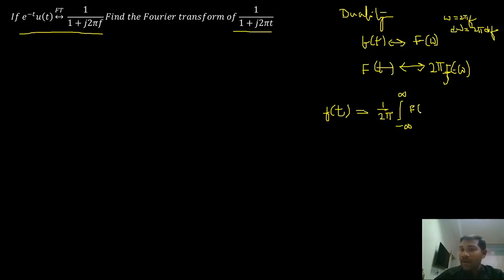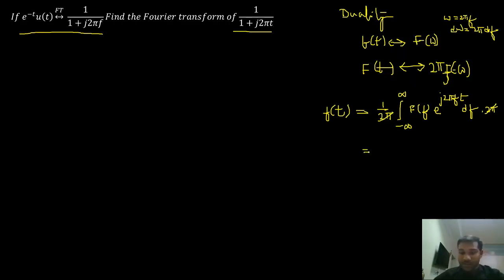Now I am going to write it as a function of my small frequency f, capital F of f, e power j omega t. In place of omega, I have 2 pi f t, and instead of d omega, I can write 2 pi df. So 2 pi and 2 pi get cancelled.